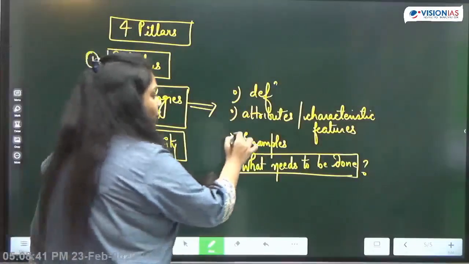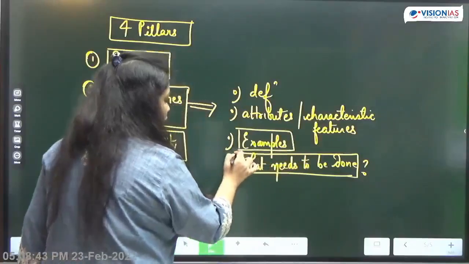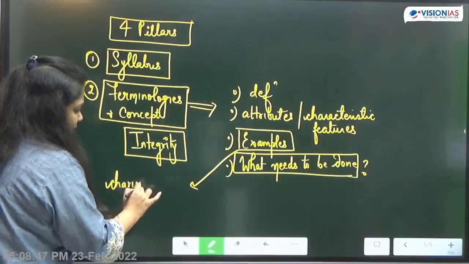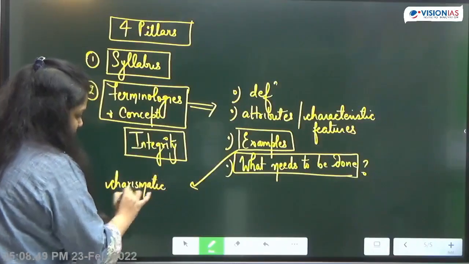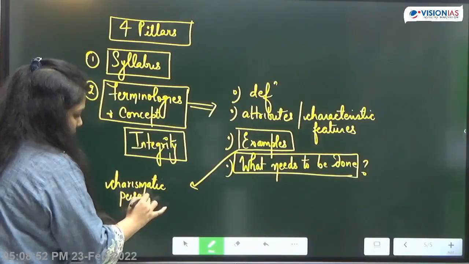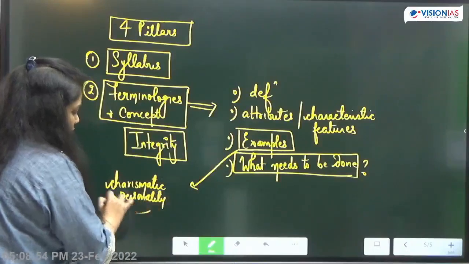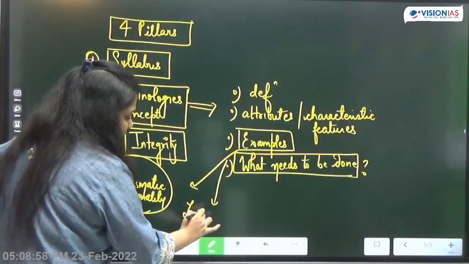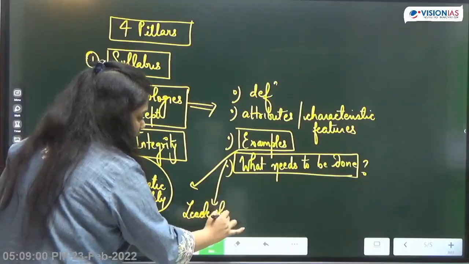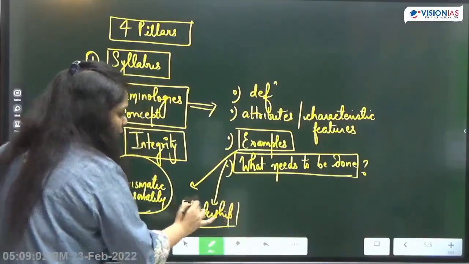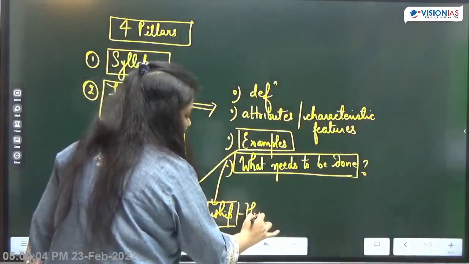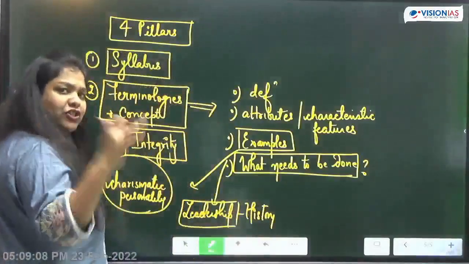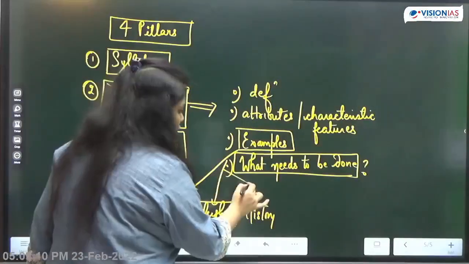So when I'm talking about examples, let us say from some charismatic personality, or you can take the example of some leader. You can pick the example from leadership, even from history, world history, modern history, ancient, medieval, whichever way it suits you.